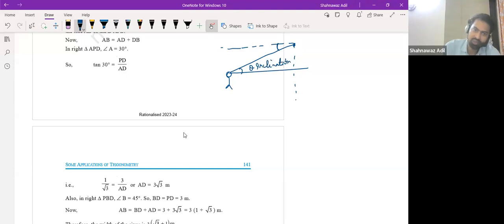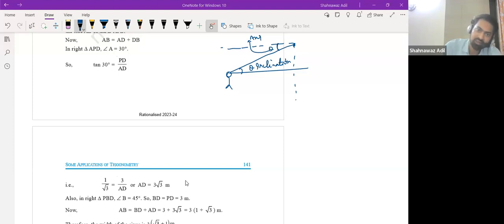And this is the angle of depression. From the top of the cliff, the angle of elevation of the top of the tower is found to be equal to the angle of depression of the foot of the tower.